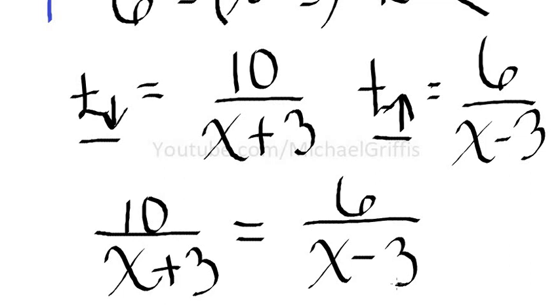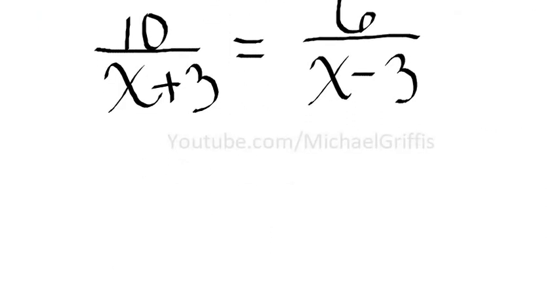Now we have an equation where we can solve for x. The quickest thing to do here is multiply both sides by x minus 3, or think of it as taking it diagonally up to the top, and then multiply both sides by x plus 3, taking it diagonally up in this direction.